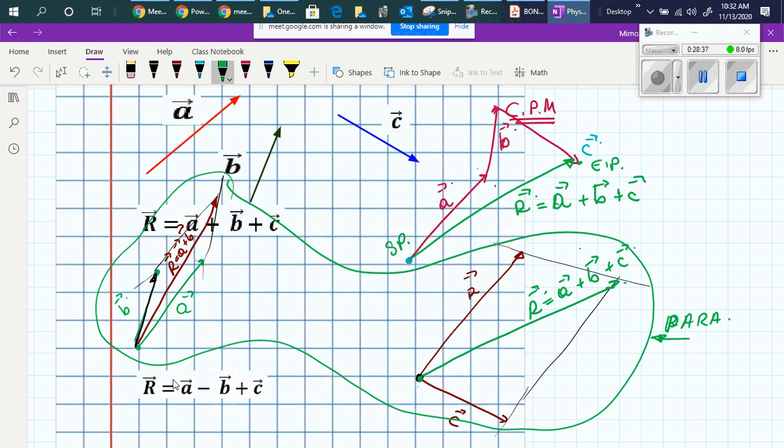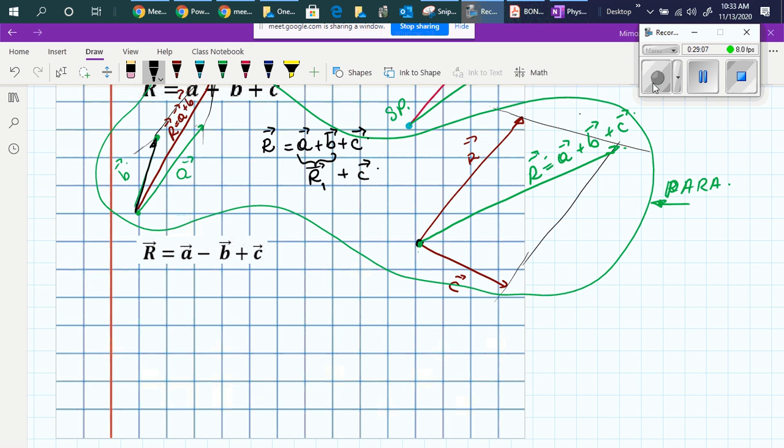So on the parallelogram method, if we are trying to find A plus B plus C, we find a resultant, let's call it R1, and then we add that to C, and if we have a 4th one, then we find the resultant R2, and we add that to D, and so on and so forth. Does this make sense?